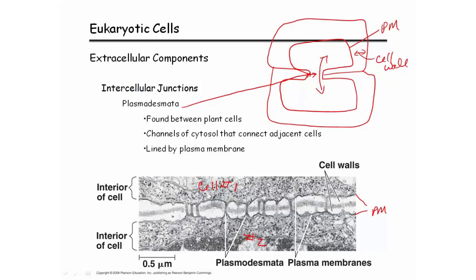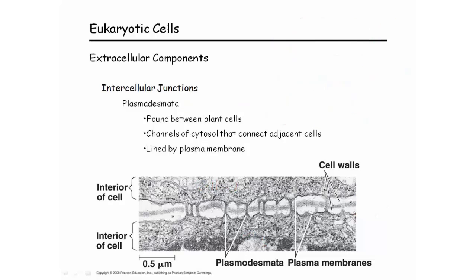There's going to be a lot of them, and having a lot of them is going to allow for better communication. So these cells will be able to communicate quite well with each other. If we take a look at the functions of the plasmodesmata, interaction and communication are significant functions, but adhering is also important because these are connections between cells, so this is going to help the cells to actually stick together.